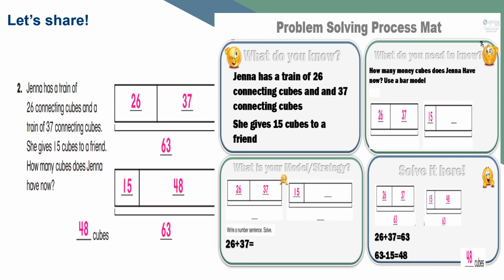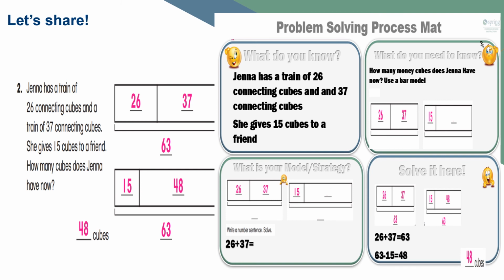So the very first part we need to do in step 3 is figure out how many cubes Jenna has. So we know she has 26 connecting cubes of her train and then 37. So we created a bar model that has 26 and 37, but we have to figure out the total.